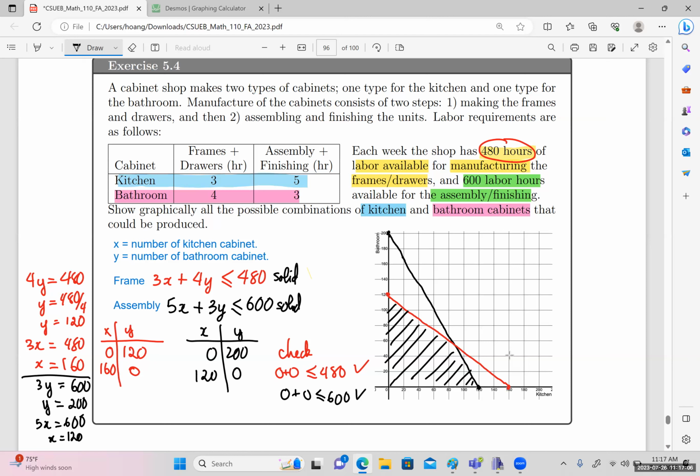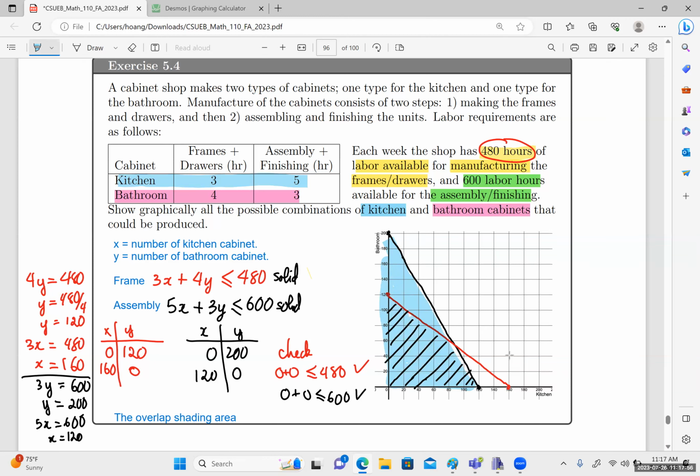So I'm gonna say down here that the overlap shading area is, maybe I'm gonna shade it for you guys to make it easy. This is the first one.